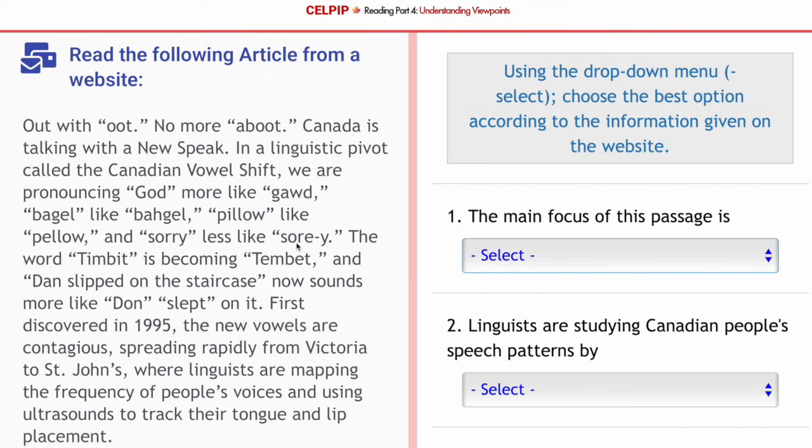Very interesting. Now, I'm not sure if I pronounced those clearly, but I can understand here. We're trying to say that there's a change happening in the way that English is being pronounced, I guess, in Canada. This one about God and God, yes, I have heard that one.